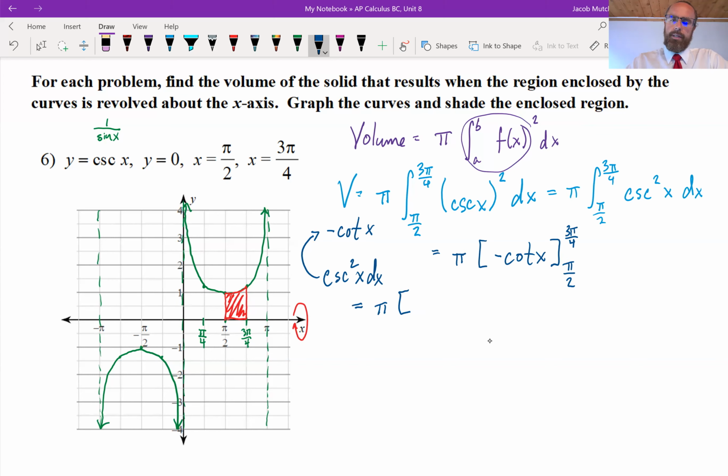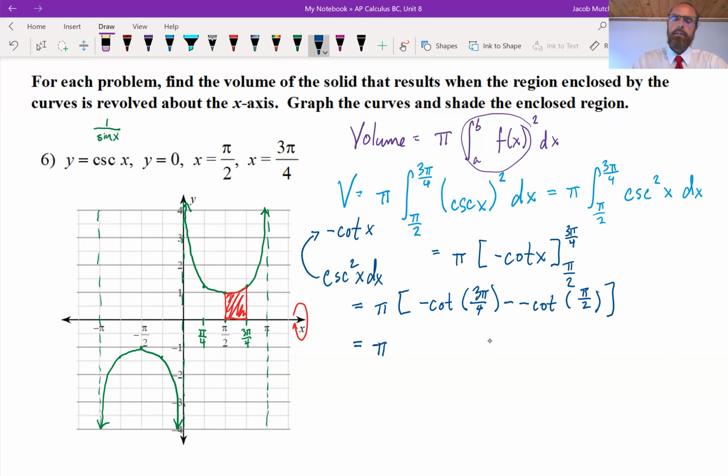So I'm going to put negative cotangent of 3 pi over 4 minus negative cotangent of pi over 2. So even though this is in a way a more complicated function, it's a lot smaller.